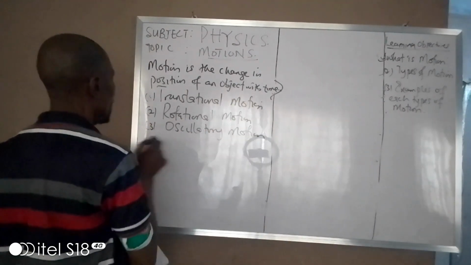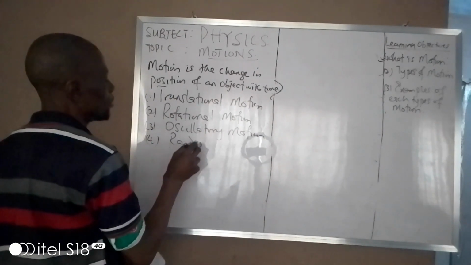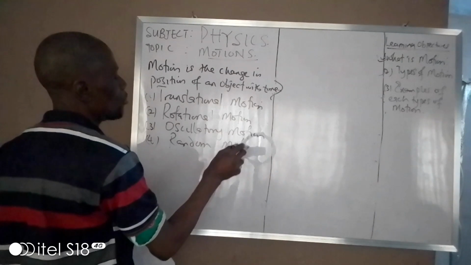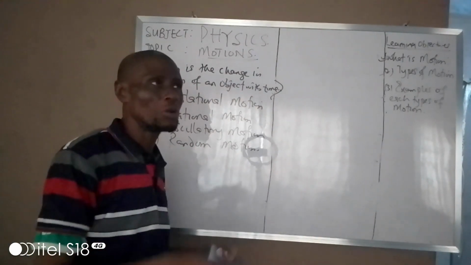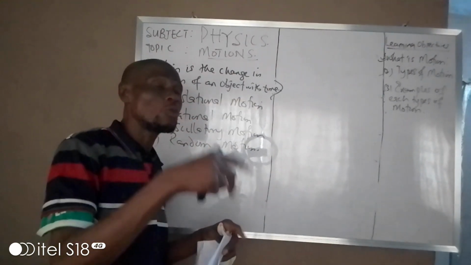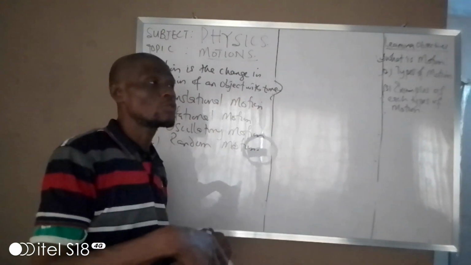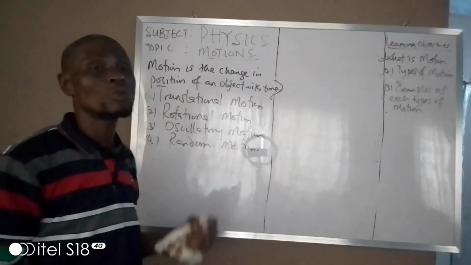And the fourth one we can call random motion. So basically these are the four types of motion. Although you also see circular motion, when an object moves in a circular path, that's called circular motion. But let's focus our minds on these four types of motion.